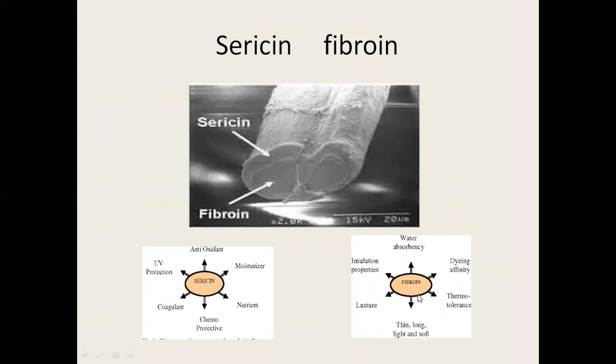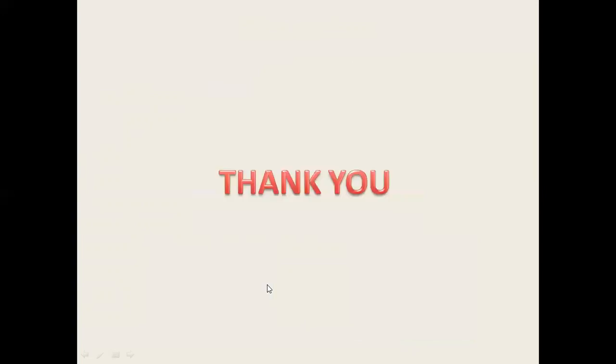And fibroin's characteristics are water absorbency, dyeing affinity, thermotolerance, and it is thin, long, light, and soft. Luster is also there, and insulation properties are also there. So these are the characteristics of sericin and fibroin. Thank you.